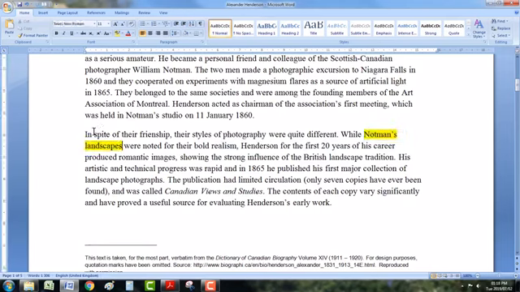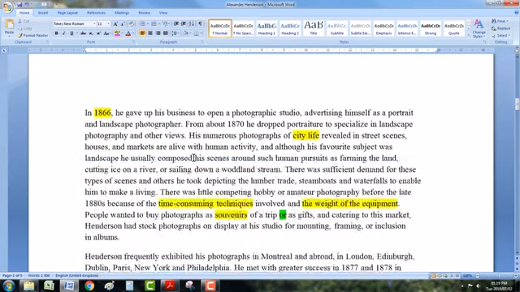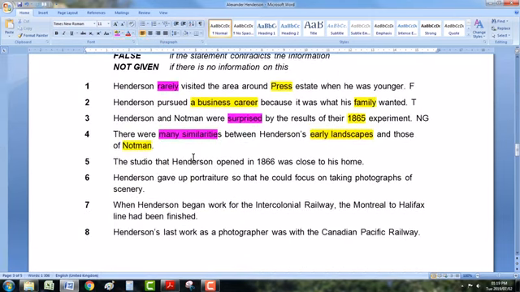But for this one, you actually needed to read this question over there. In spite of their friendship, their styles were quite different. Notman's landscapes had bold realism. Henderson's landscapes had romantic images. So there is the target language over there, actually in the sentence before. Many similarities, different, of course, false.